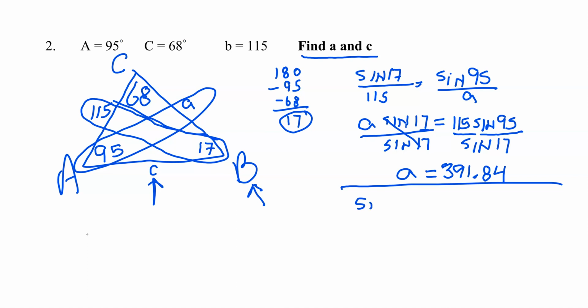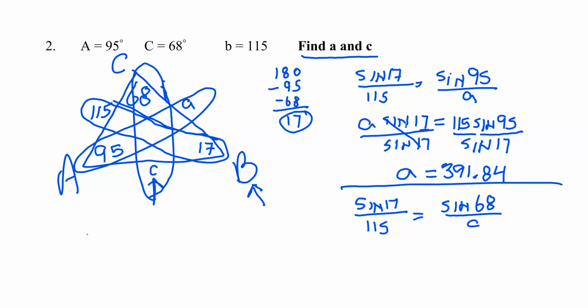Okay, now we'll do another law of sines to get what side C is. Again, we'll take the winning pair we were given, sine of 17 over 115. And that will equal the sine of 68 over C, right? Because these are the two pieces we're dealing with now. Cross multiply.